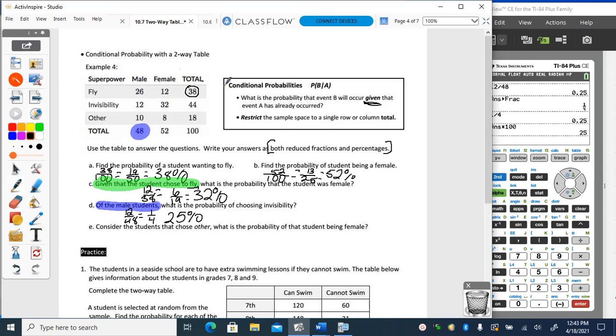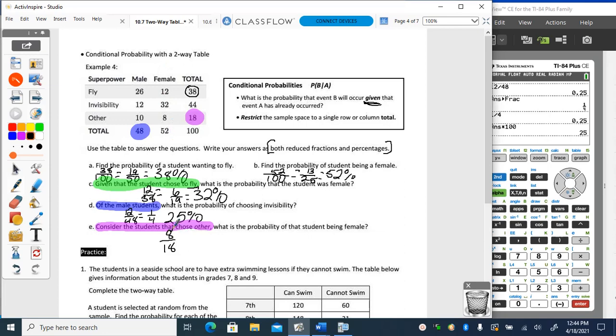All right, and now we have one more conditional we want to look at. It says, consider the students that chose other. Since it says other, we will go to the total of the other, which was 18. So over 18. What is the probability of that student being female? How many of the 18 that chose other were female?